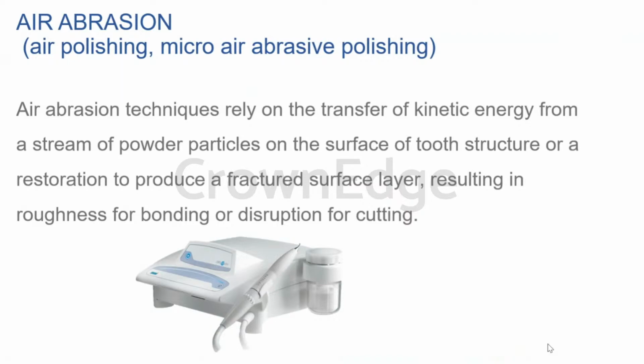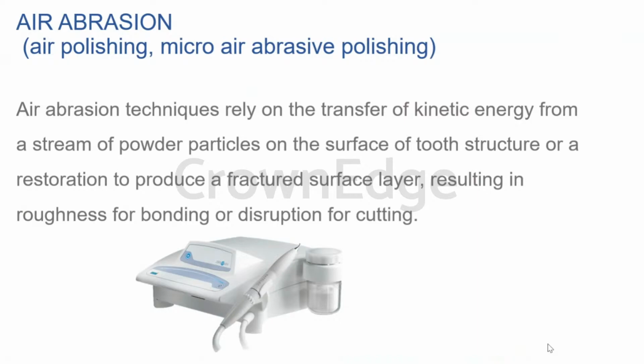For bonding, micro roughness is always much better, because that increases the surface area of our cavity prep, and it also creates micro retention tags, which will be helpful for our etchant and our primers or our bonding agent to enter and create dentinal resin tags.